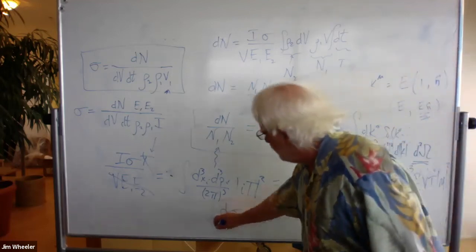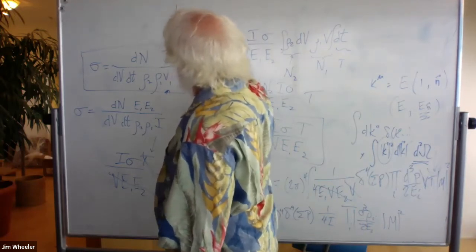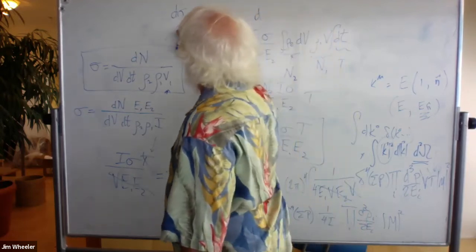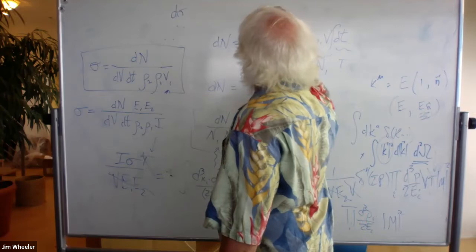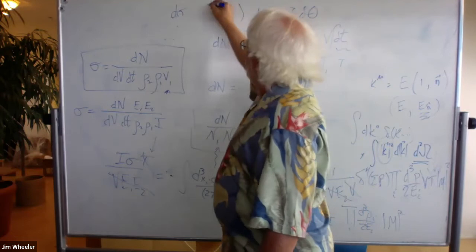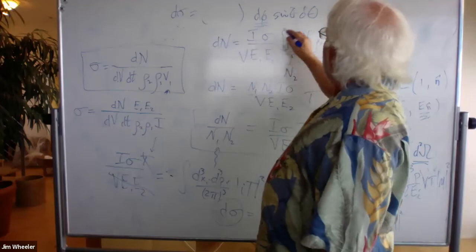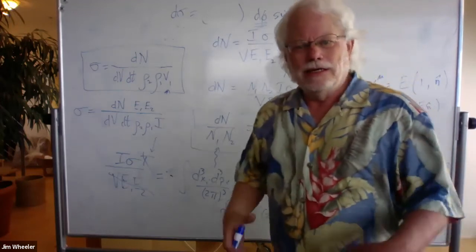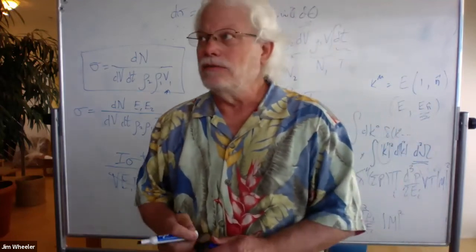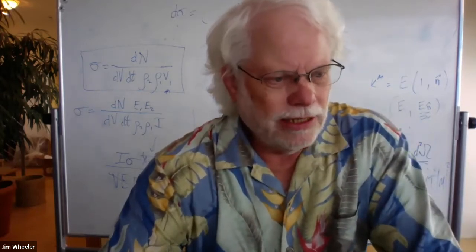So now you have the differential cross section d sigma d omega, and this is going to be dependent on d phi and sine theta d theta with stuff. So for a particle emerging at angle phi and angle theta, you have the expected part of the cross section without integrating it all up. So that's the differential cross section.